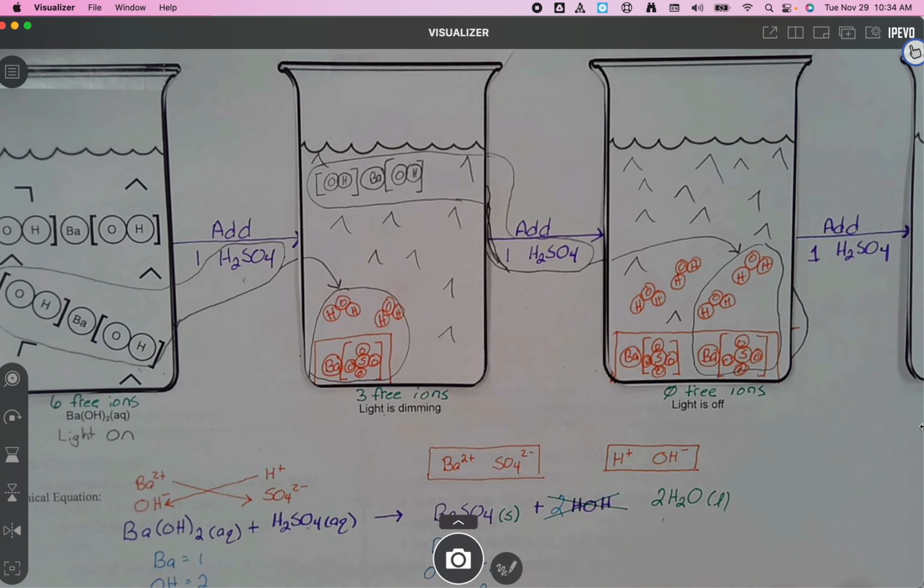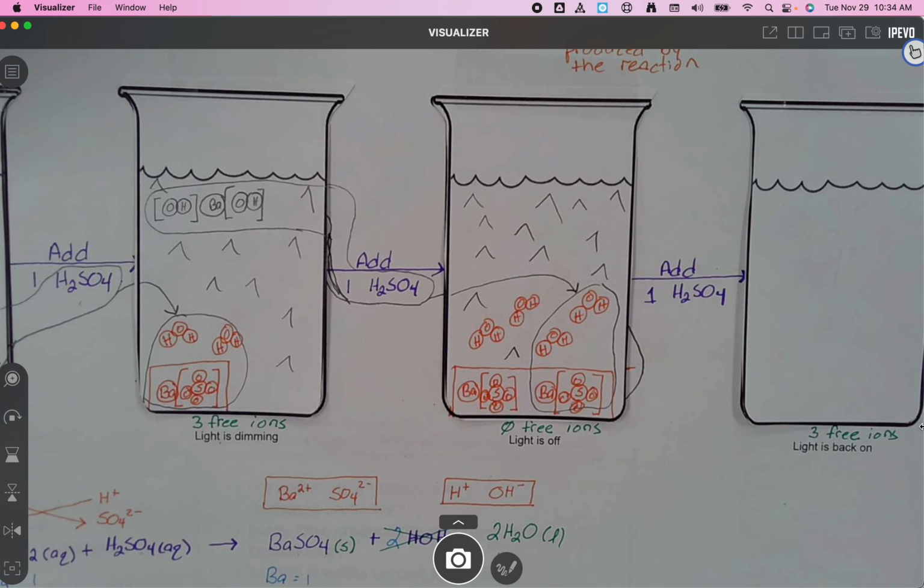And then I can add another H2SO4, but it doesn't have anything to react with this time around. So I still have the double batch that I had already created.